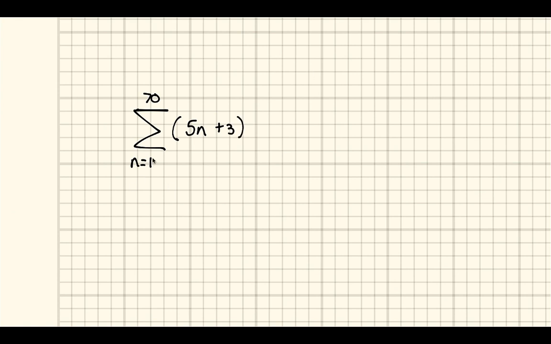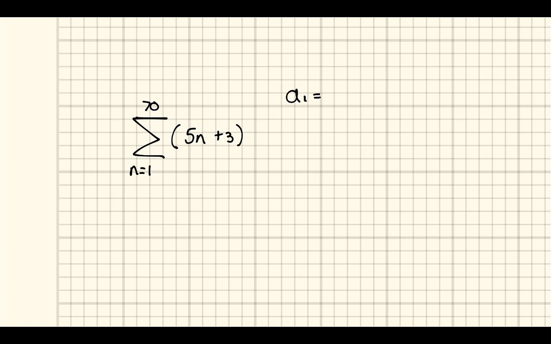Again, we have our two limits, a lower limit and an upper limit, and then our rule for finding the terms. So this is saying add up all the terms from 1 to 70, and you're plugging in 1 for n to get your first term. So a sub 1: if I plug in 1 for n, 5 times 1 is 5, plus 3 is 8.